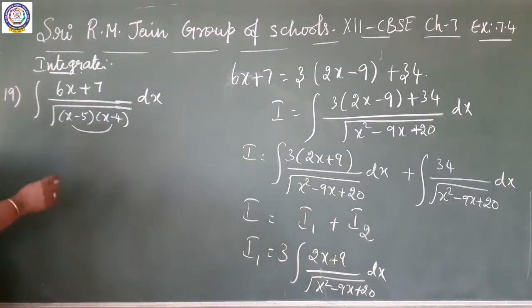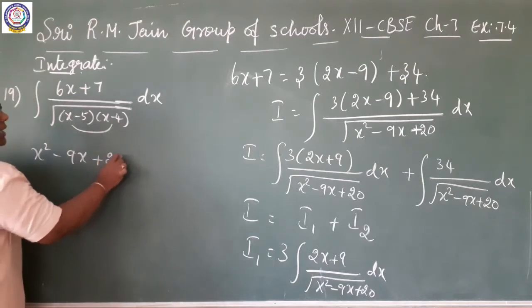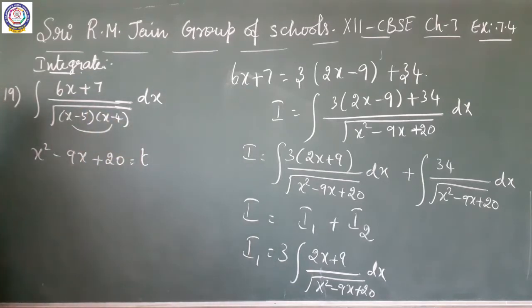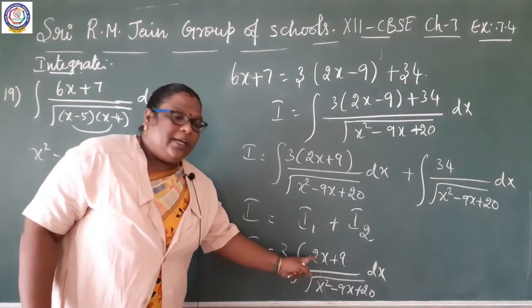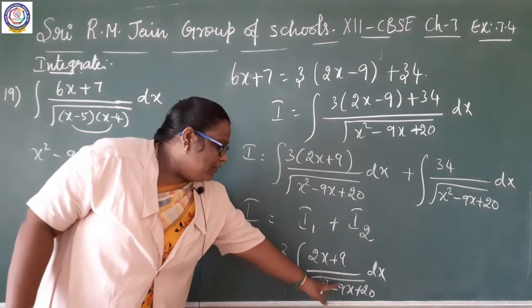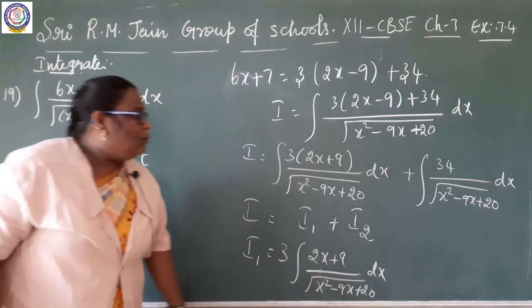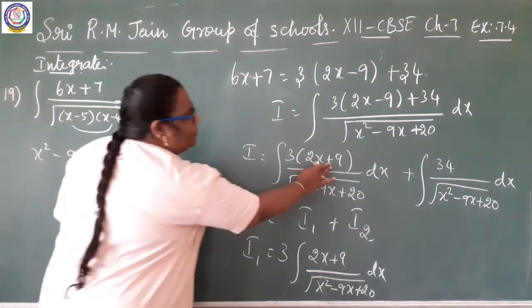See here, you can take x square minus 9x plus 20 equal to t. Is it clear? Differentiation of x square is 2x, differentiation of minus 9x is minus 9, so 2x minus 9.